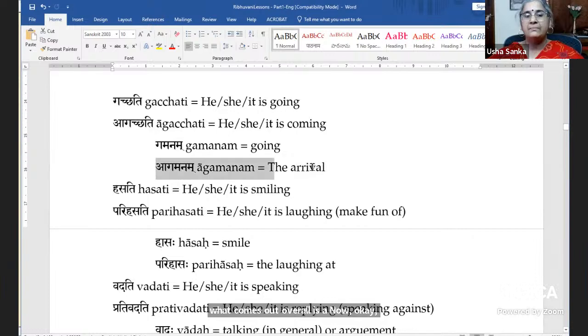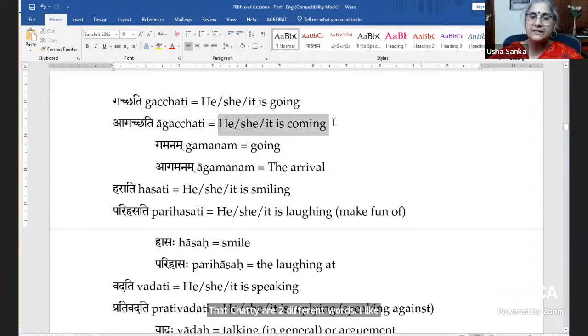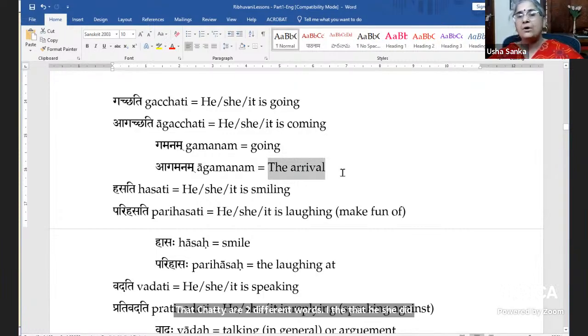So agamanam means a noun: the coming, the arrival. We should never take agamanam and agachati as the same. Agachati is that he, she, it is coming, but agamanam is the arrival, the coming of the person. So this is a noun form.